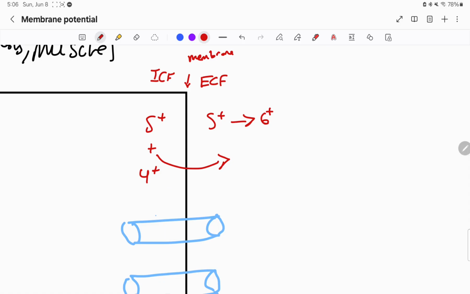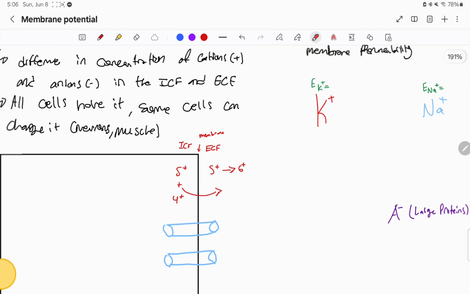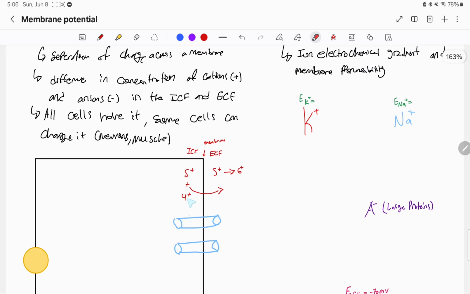But understand that the positive charge that just left the cell made the inside of the cell negative relative to the outside. Okay? Because now, look, now we got 4 positives versus 6 positives. So the inside is more negative compared to the outside. Doesn't mean that it has this negative symbol, but it's more negative relative to the outside. Okay? Good. That's really important to understand.